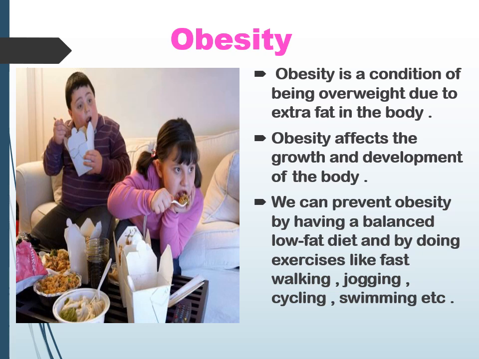Obesity is a condition of being overweight due to extra fat in the body. This obesity affects the growth and development of the body. Especially in children, it causes many problems. So, how can we prevent obesity? We can prevent obesity by having a balanced low-fat diet and by doing exercises like fast walking, jogging, cycling, swimming, etc.